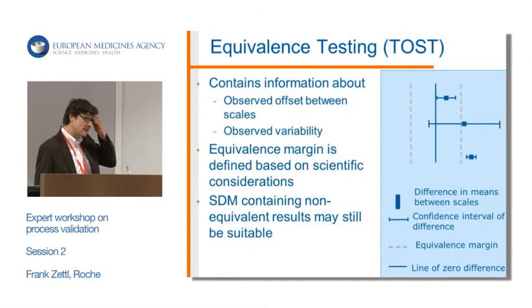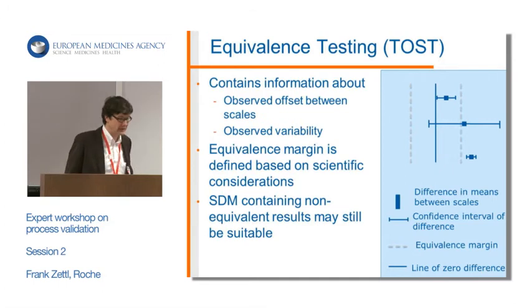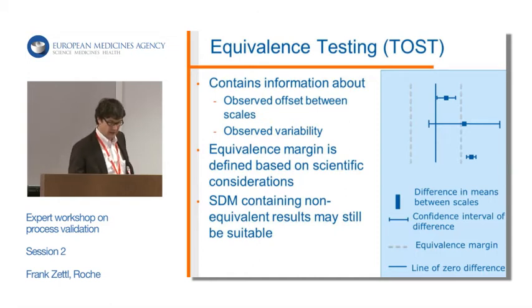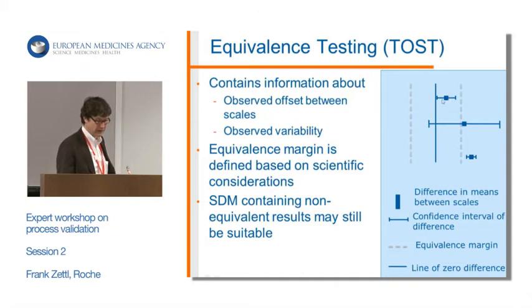Okay, so this is a short glance at the equivalence statistical test, the TOST test. It's a very powerful tool. It has two pieces of information: the observed offset between scales, which is the difference from the zero difference line here in the middle, and also the observed variability, which is shown here in the confidence intervals.